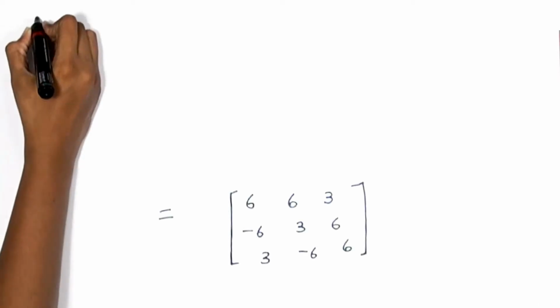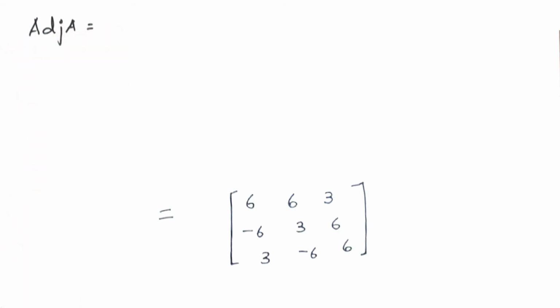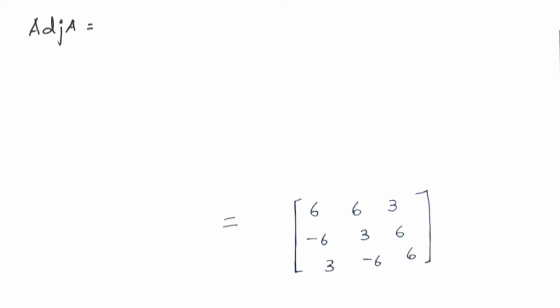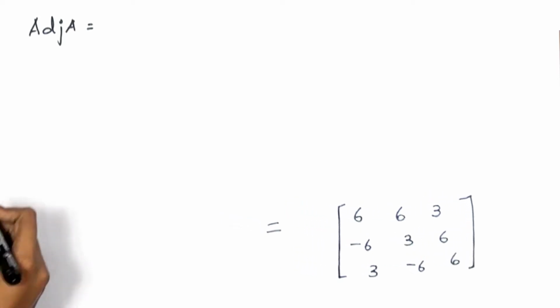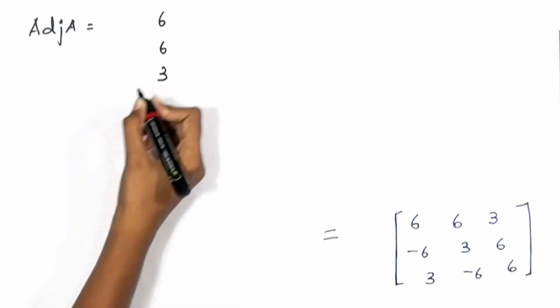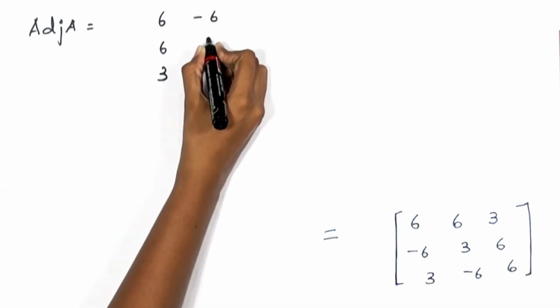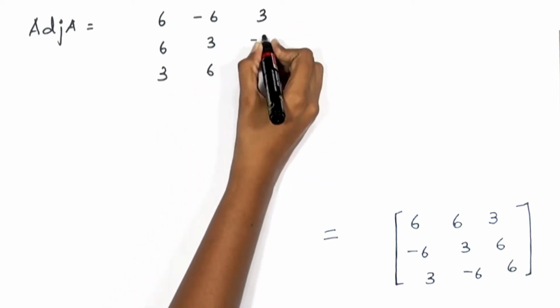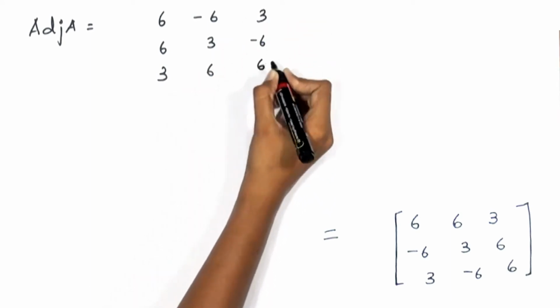After finding the cofactor matrix, we'll be transposing that to find the adjoint A. Transposing is nothing but converting rows into columns. So the first row becomes the first column, which is nothing but 6, 6, 3, minus 6, 3, 6, 3, minus 6 and 6.